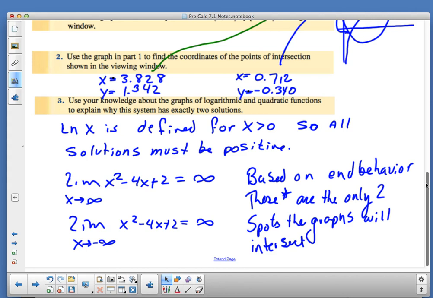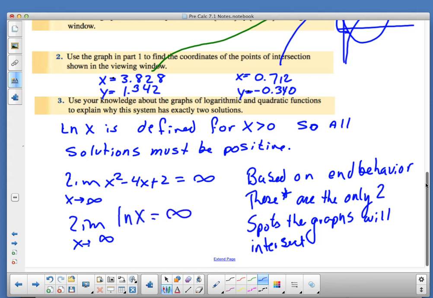As x approaches infinity on this one, and x approaches infinity on this one, it goes to negative infinity near 0, but I don't cross again there, and I'm not too concerned with that. I'm more concerned as x goes to infinity of the natural log of x. Well, that's going to go to infinity as well.